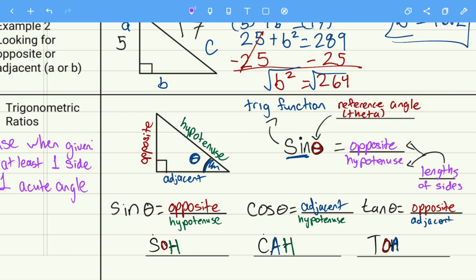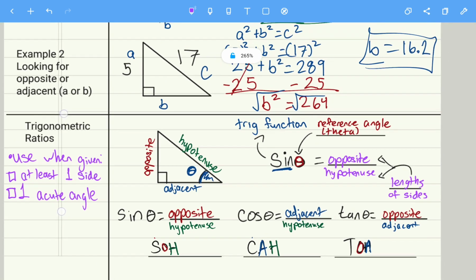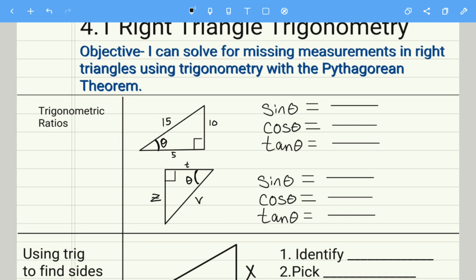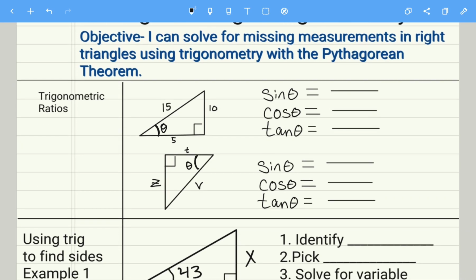So however long that side is, that is the number that goes there. So these are our trigonometric ratios. Let's practice a bit on the next page. On the printed copy, just a heads up, I forgot to mark the angles, so make sure you get those in your notes. But let's go ahead and practice this.